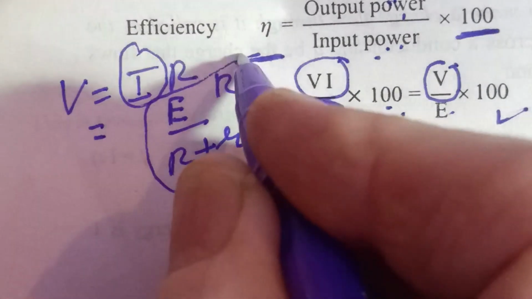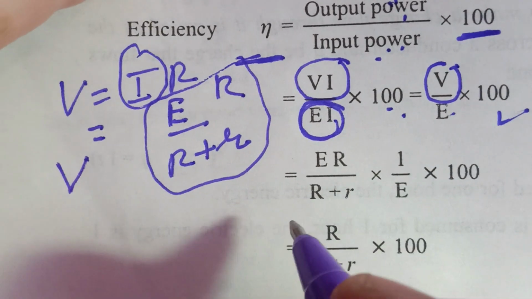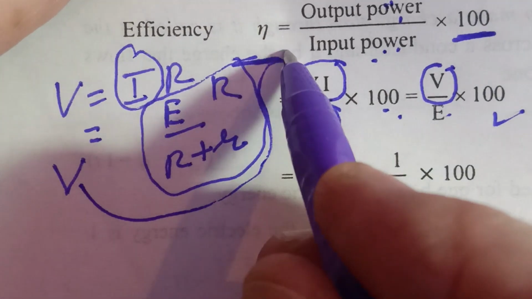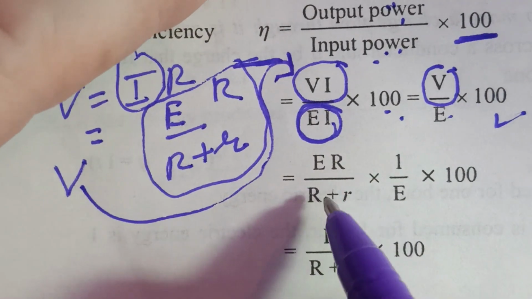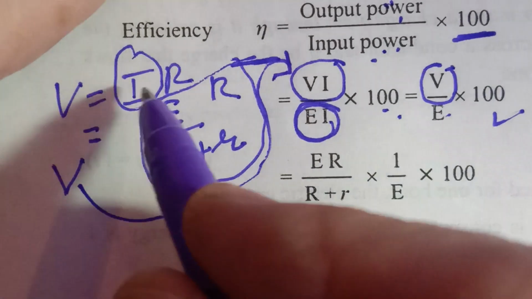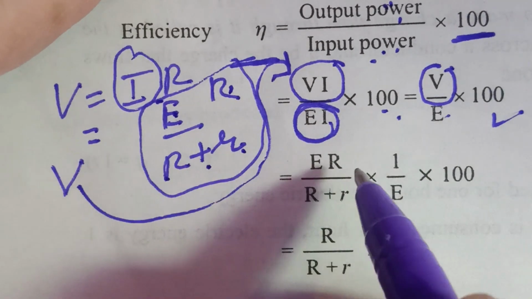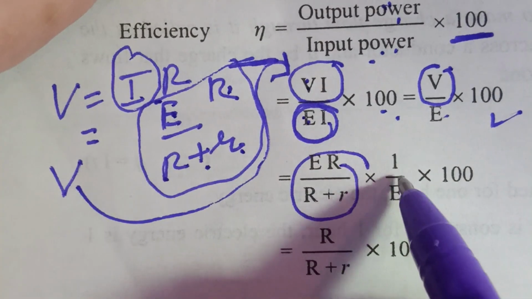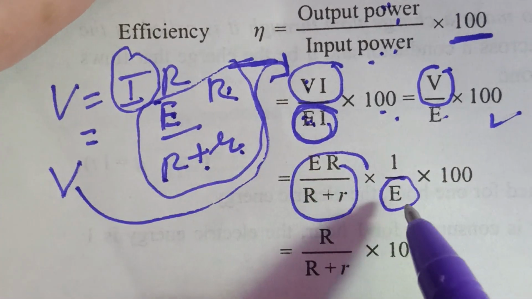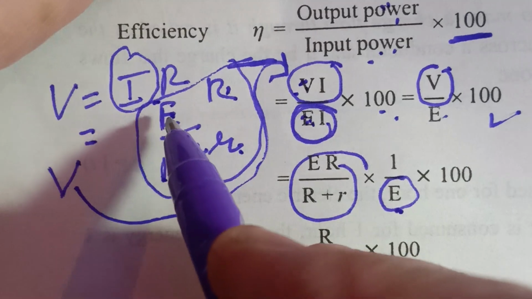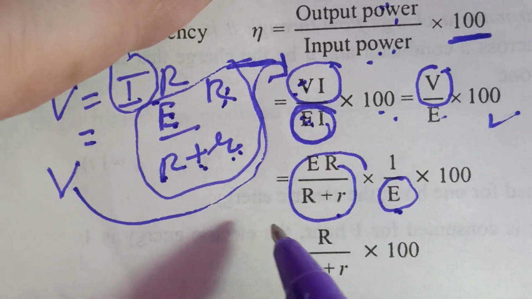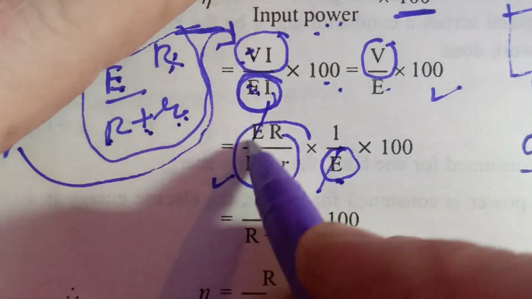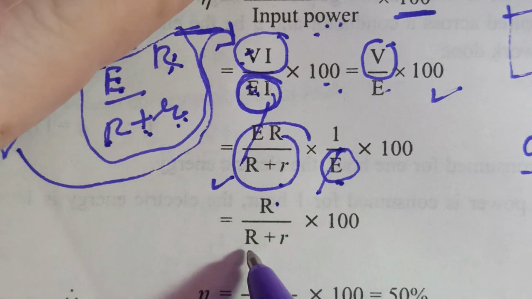So this is our V. Substituting this V here, this is R plus small r instead of V. Then this E is here. This V is ER upon R plus small r. Now this E and E cancel out, and it becomes R over R plus small r into 100.